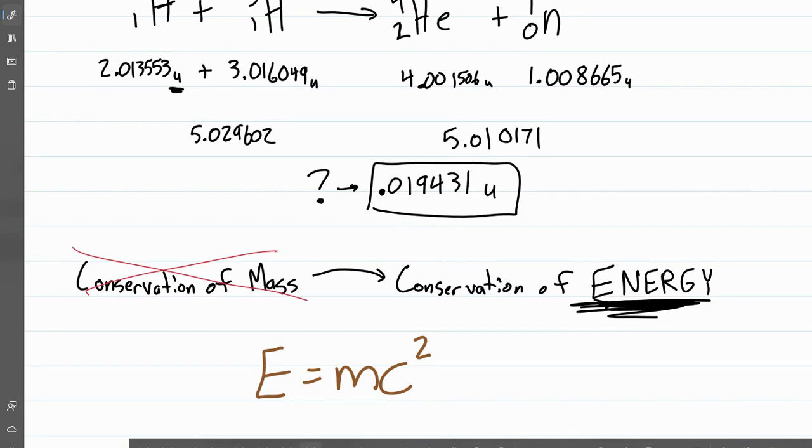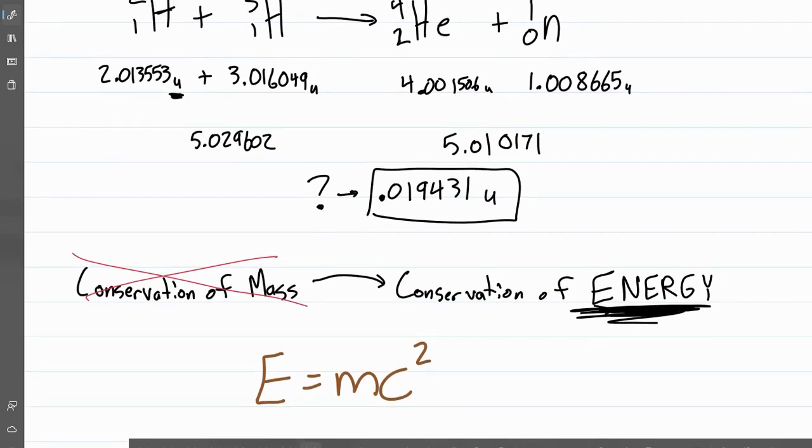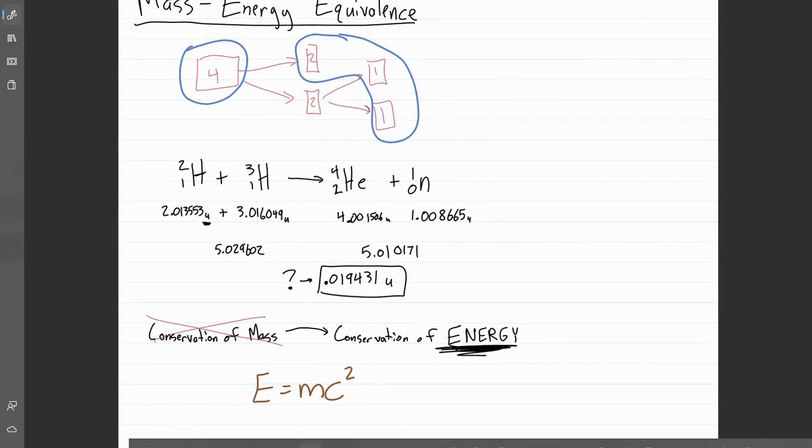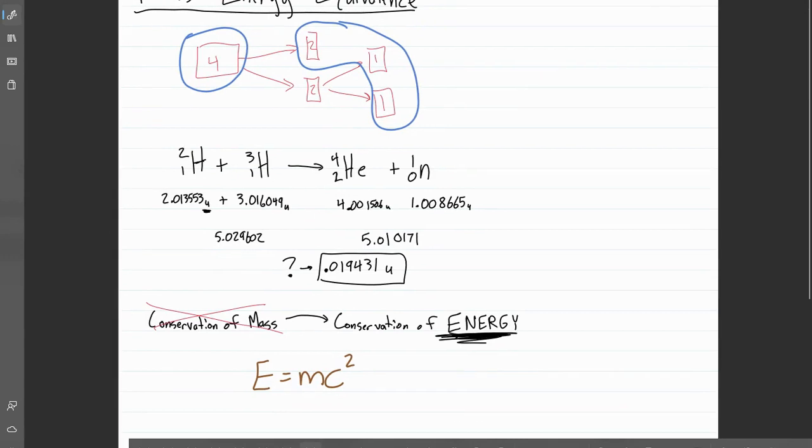Einstein came up with this simple equation to say that energy and mass are related, and he calls it the mass-energy equivalence, which is why that's the title of this video. Energy and mass are related simply by E equals mc squared. So take the amount of mass that you have and multiply that by the speed of light squared, and that's how much energy it would turn into.